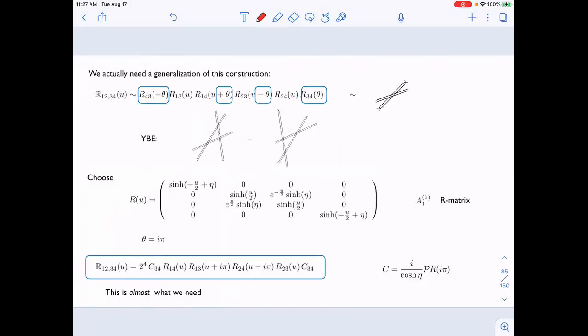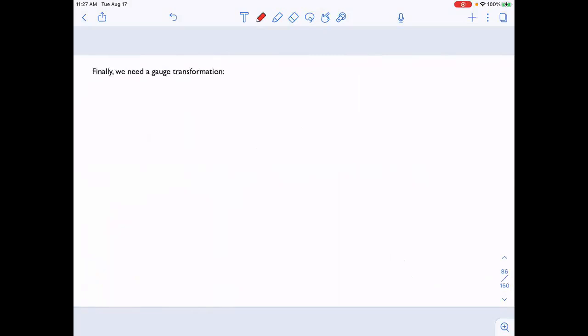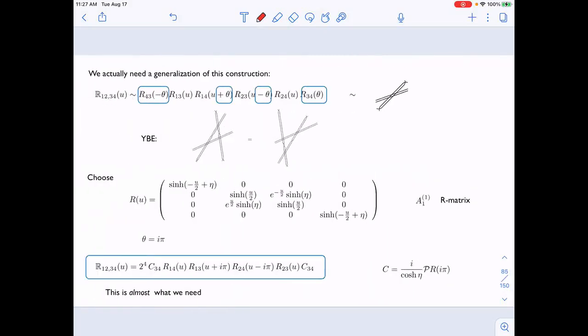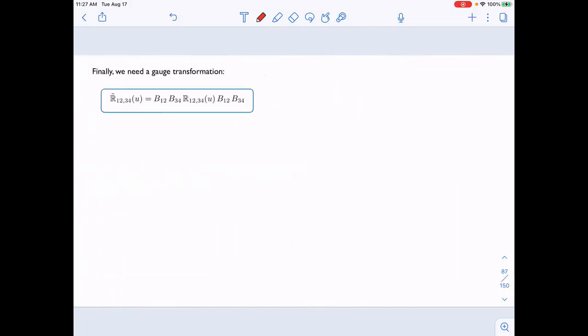What we really need is, in addition to what I already wrote here, a gauge transformation. So coming back to the R, we can make a gauge transformation, and that's going to give us the tilde that we talked about earlier. The specific gauge transformation that's needed turns out to be this one. So with that, that's finally what we mean by this R blackboard tilde.